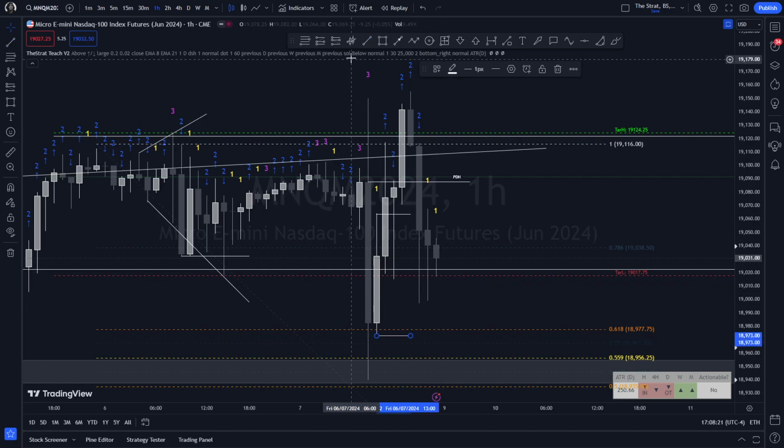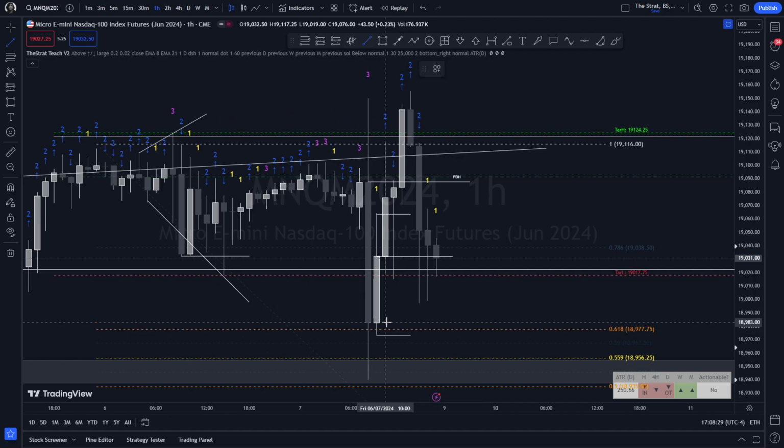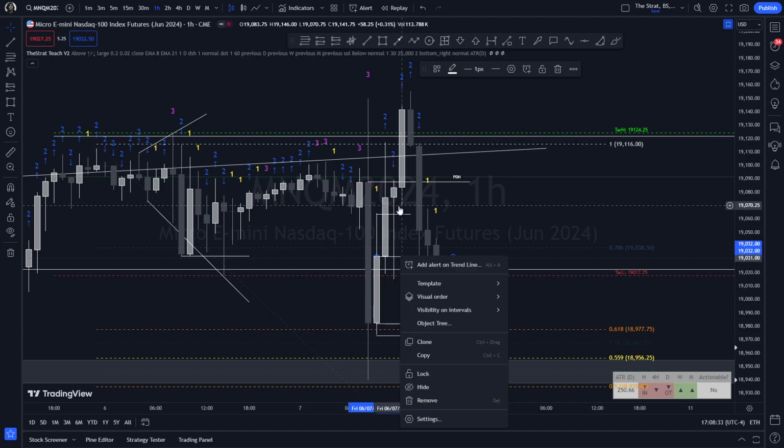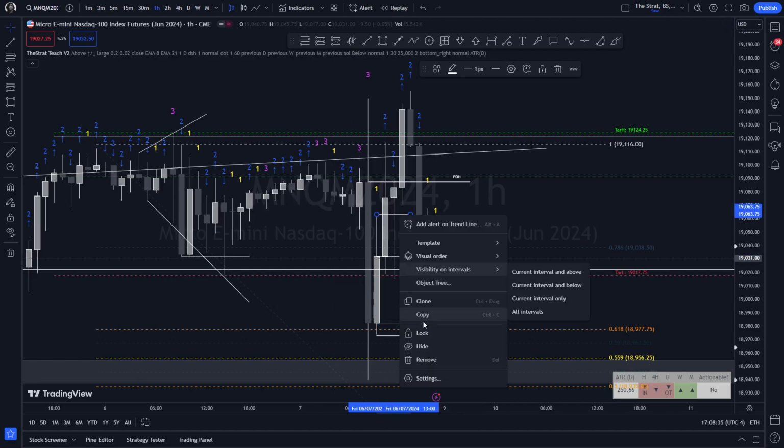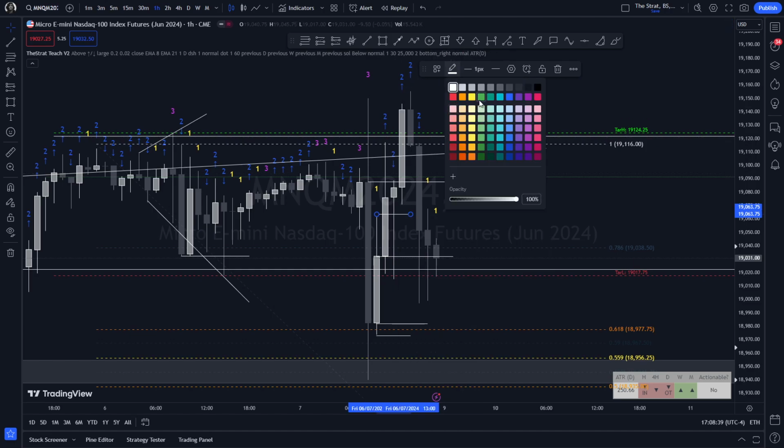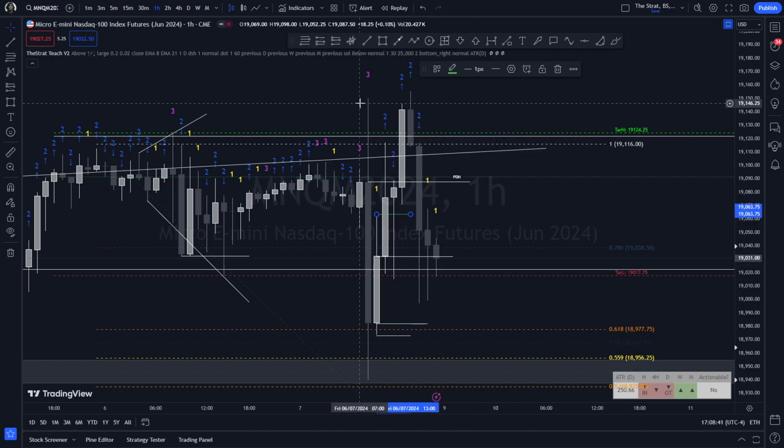But you could also set your stop here, or you could also set your stop here. So your entry would be this trigger here, and then your profit taking would be targeting this level here, top of this three.